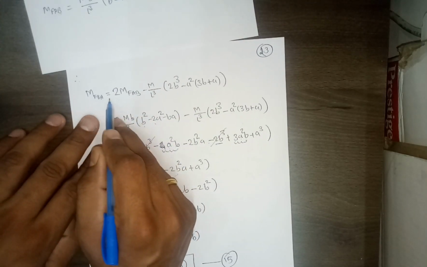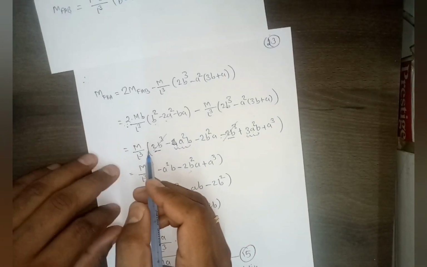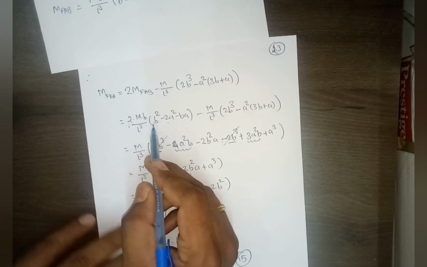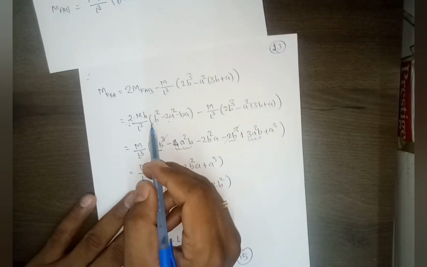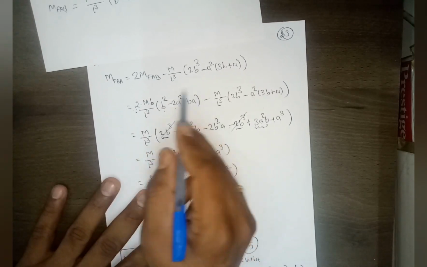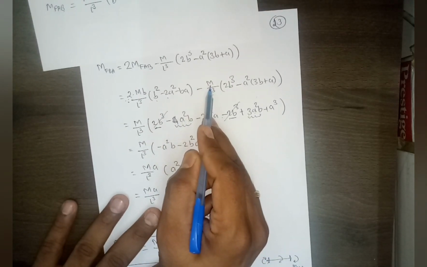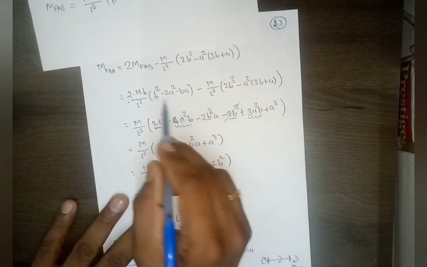So MFBA is equal to 2 MFAB minus this value, right? So again we'll substitute now the value of MFAB. If you substitute MFAB here, then we can take this m and L cube outside, so remaining terms will be like this.